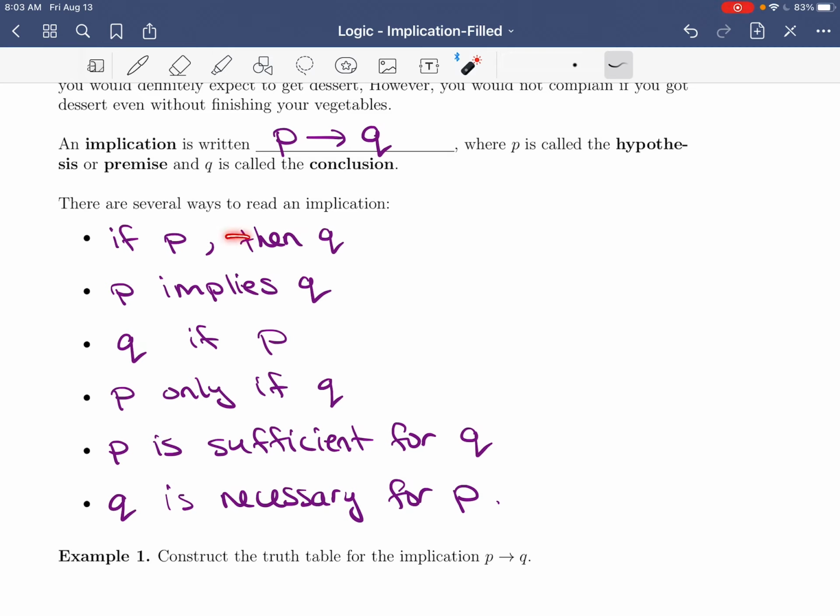So P implies Q is common. Q if P, so P is still after the if. So Q happens if P happens. Now, P happens only if Q happens. So if you think about the if P then Q, this happens, that guarantees that this is going to happen, right? Only if.